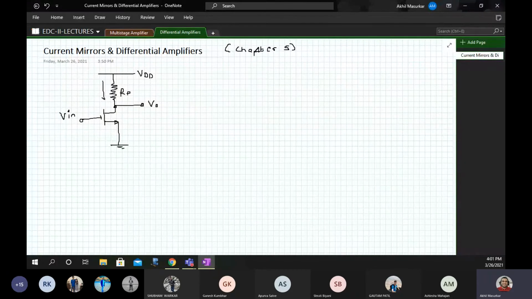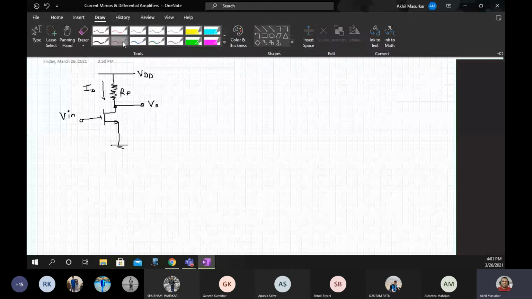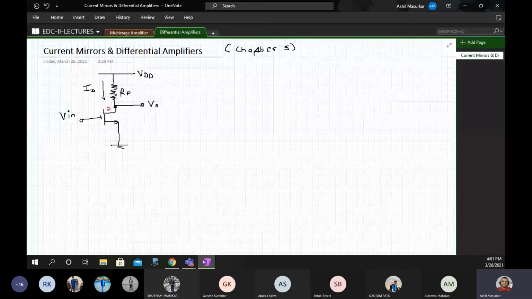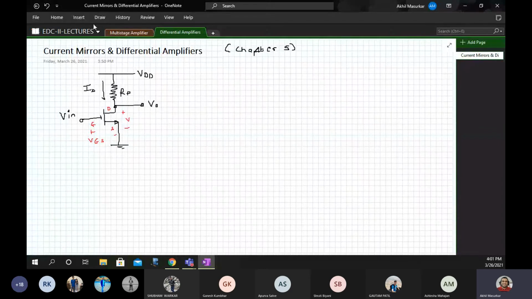The current that flows through this is ID, and here we have drain, source and gate, and we can show plus minus VGS here, and plus minus VDS.